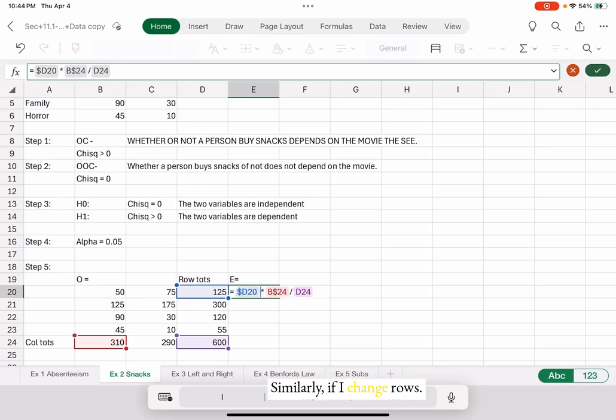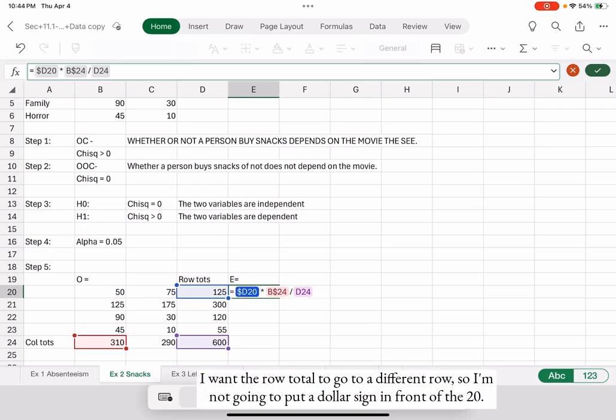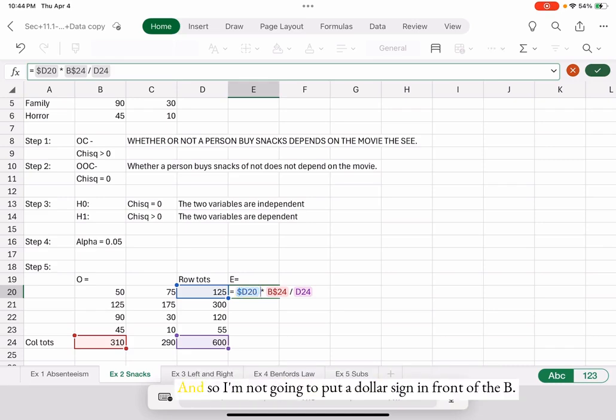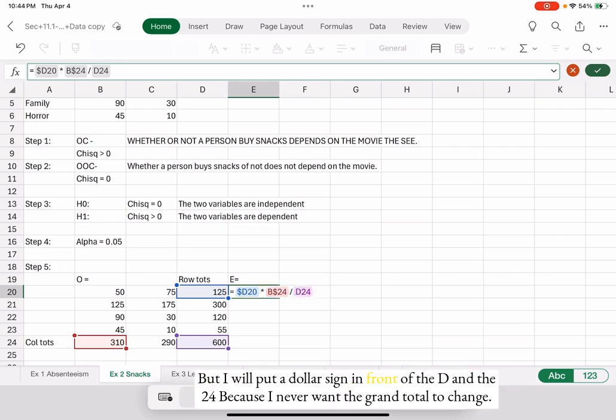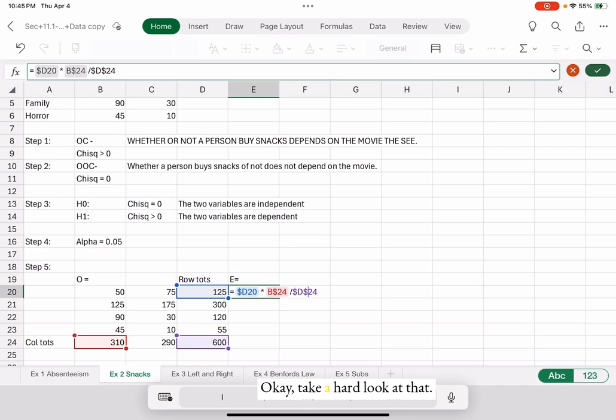Similarly, if I change rows, I want the row total to go to a different row. So I'm not going to put a dollar sign in front of the 20, which tells me the row. And so I'm not going to put a dollar sign in front of the B. But I will put a dollar sign in front of the D and the 24 because I never want the grand total to change. Okay, take a hard look at that.